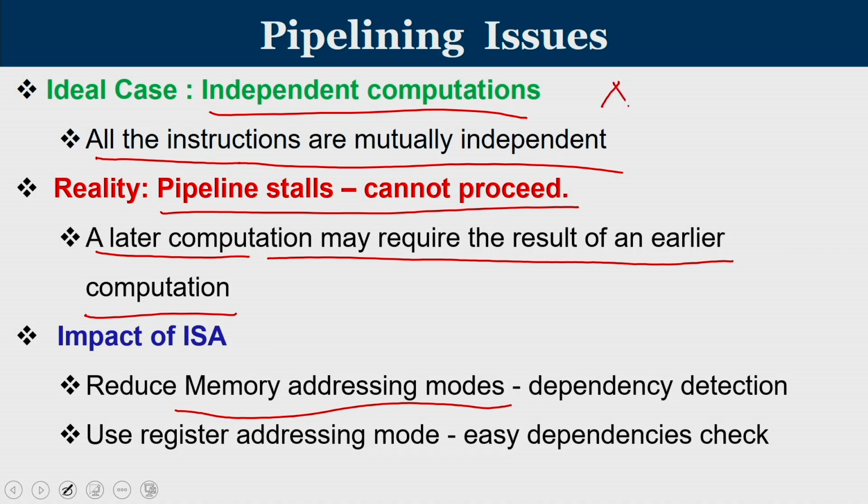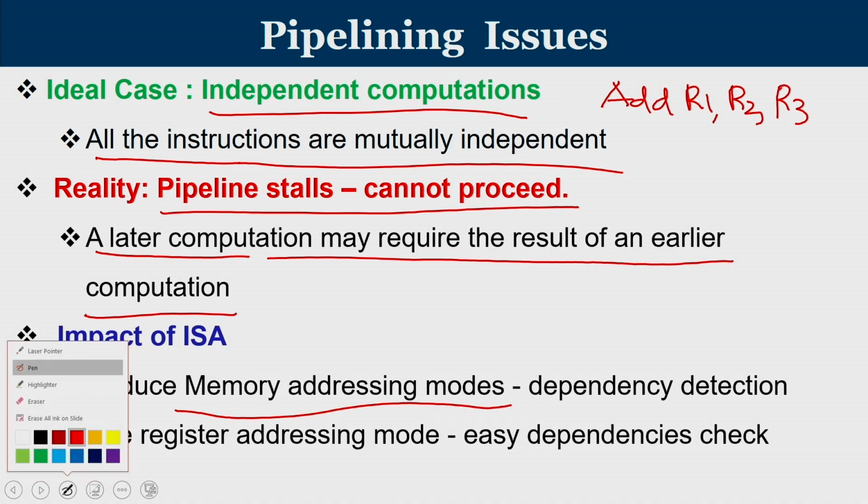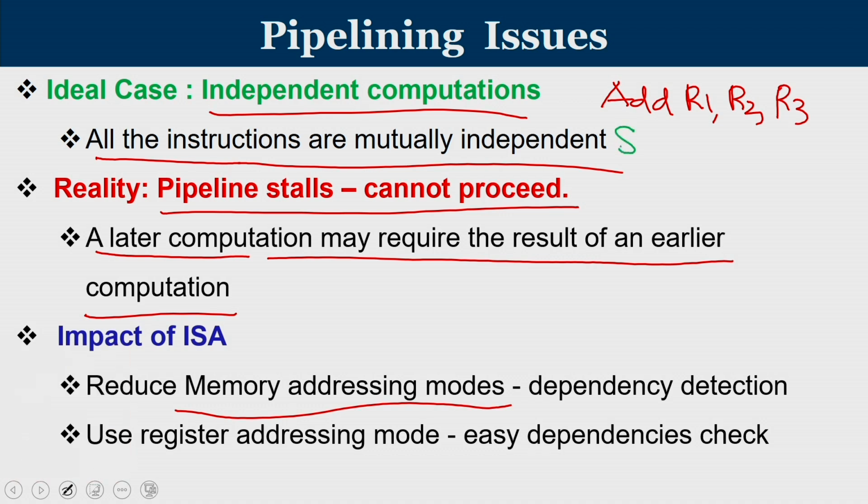Consider the case that you have an add instruction with R1 as the destination operand, R2 and R3 are the source operands. Now, let us consider another instruction, let us say subtract R4, R1 and R5.